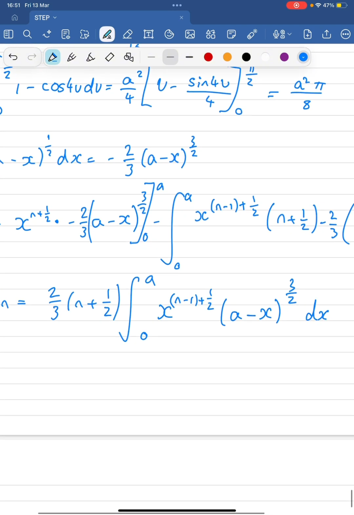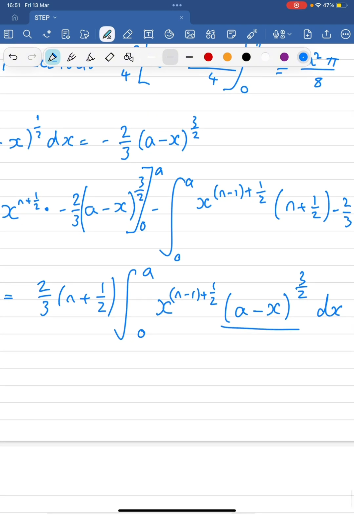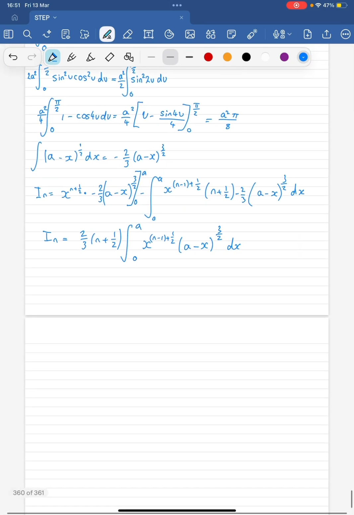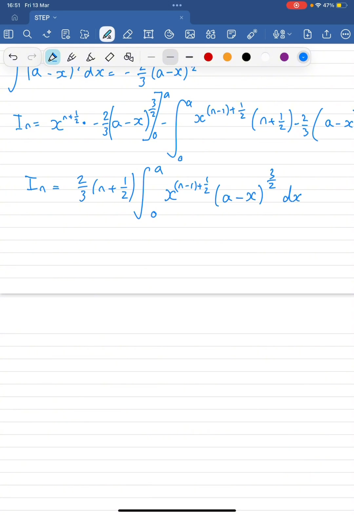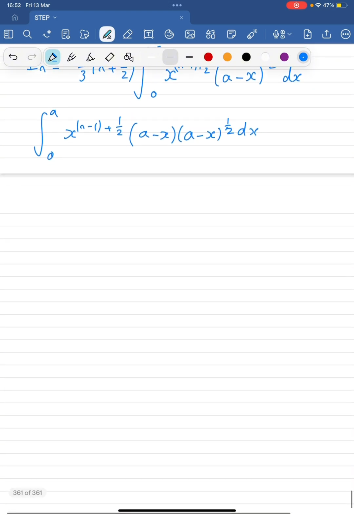So I'm going to split this up into the root part and the whole part. I'm just going to ignore this bit at the front for now. So I'll have the integral from 0 to a of x to the n minus 1 plus a half, and then a minus x times a minus x to the half. I'm hoping I can raise the power here with the x. That was why I'm thinking this.